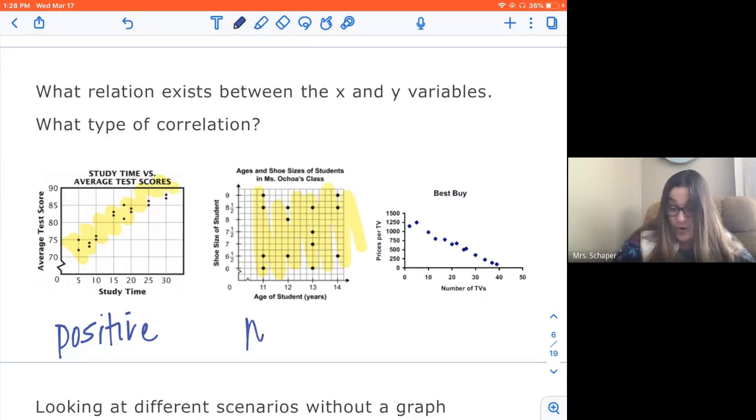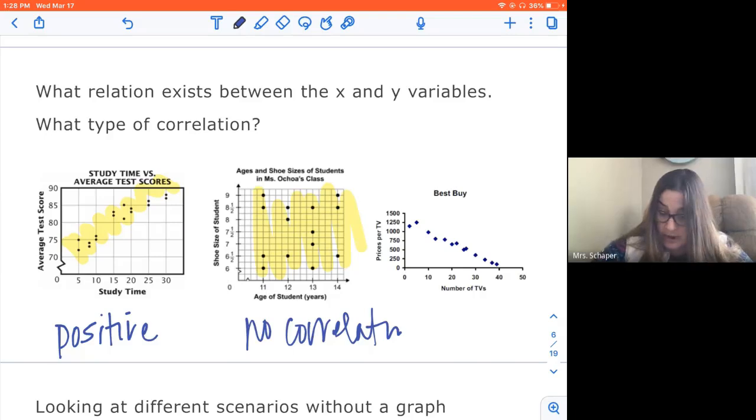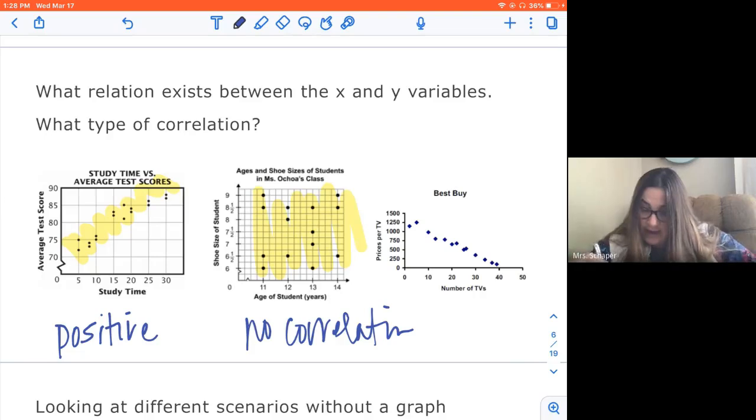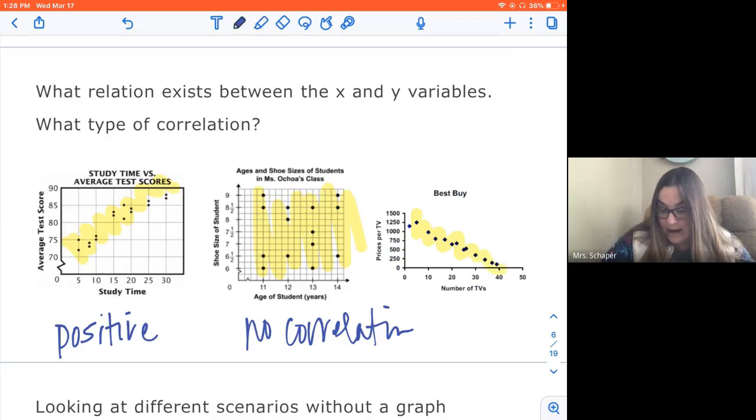So there is no correlation here. And when we look at the number of TVs sold and the price per TV, as we sell more TVs, the price goes down. So we call this one a negative correlation.